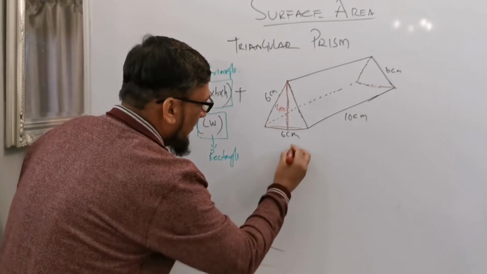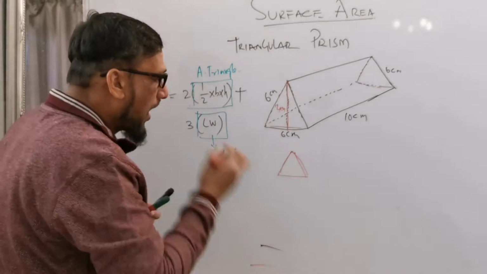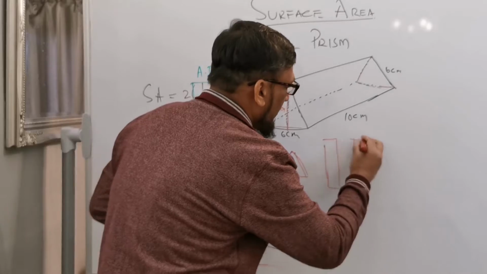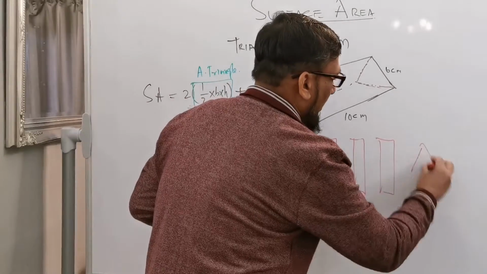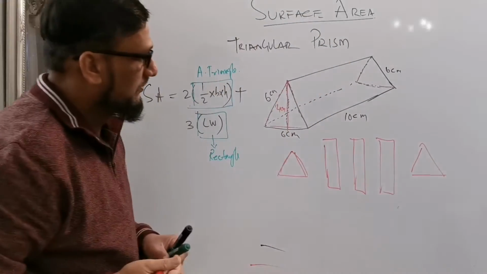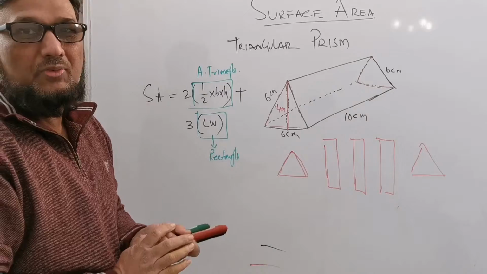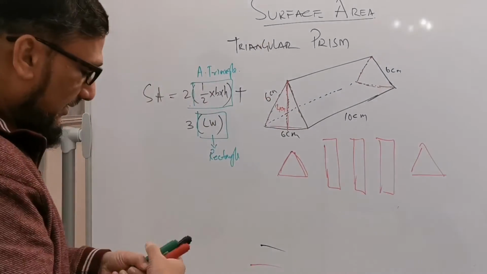And then 1, 2 and 3 rectangles. So we need to find the area of triangle first and the area of rectangle.